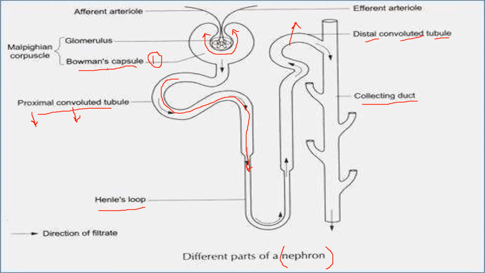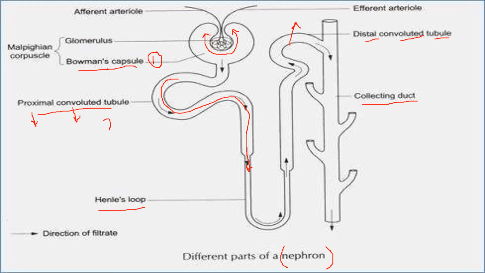Why is it called collecting duct? Because it collects the urine that is moving from the Bowman's capsule through the tubules and loop of Henle, and then the distal convoluted tubule, and then it ends in the collecting duct. So there are four main portions of the nephron. The first portion is Bowman's capsule.